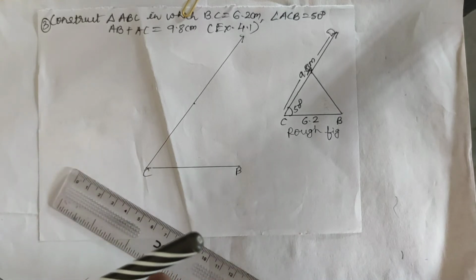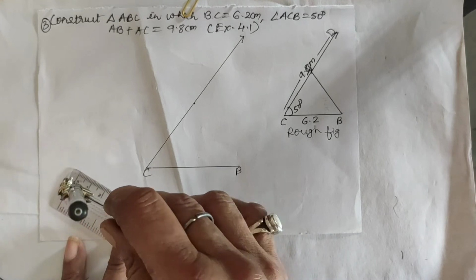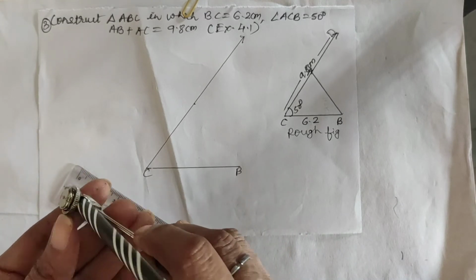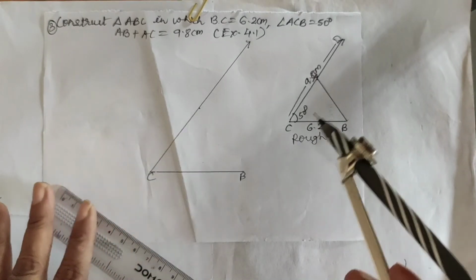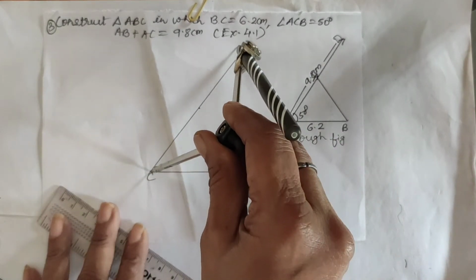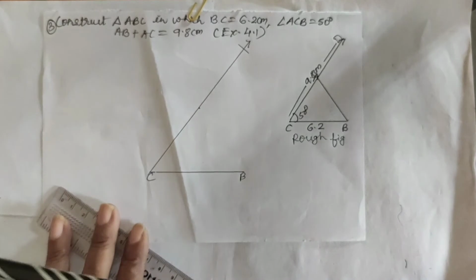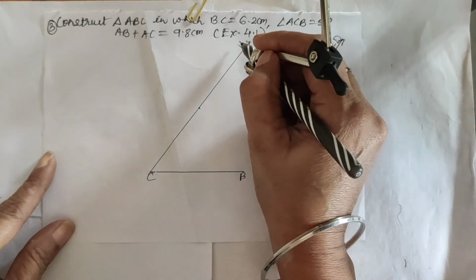This is 9.8 centimeter. As you can see in the rough figure, this C will be the center and cut off this ray. Okay, and now mark this point as D.